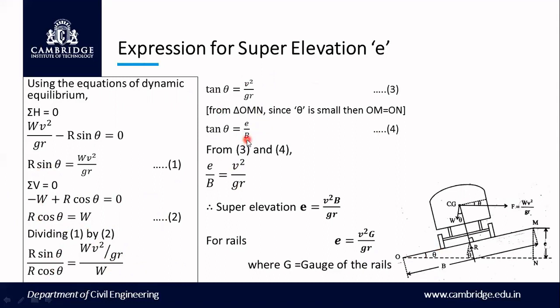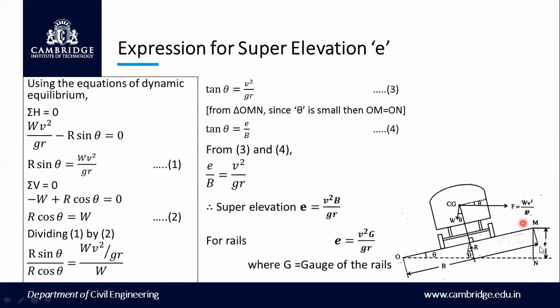To simplify further, I'll take this triangle OMN, what we see in the surface. Since compared to the road's width, this theta will be very small, we can take OM almost equal to ON. So if OM is B, the distance of OM is B, so ON also will be equal to B. Correct?